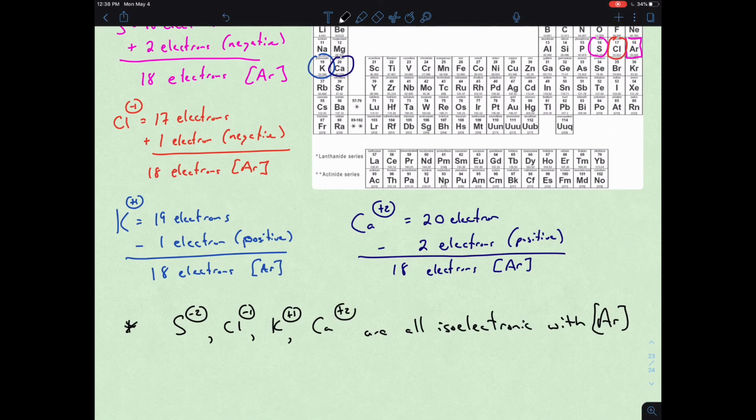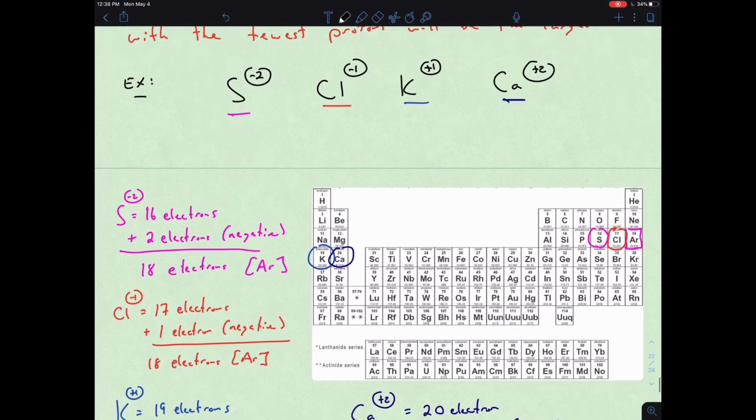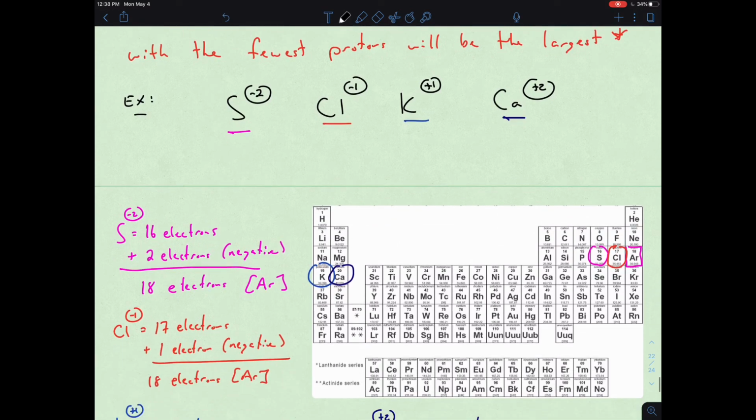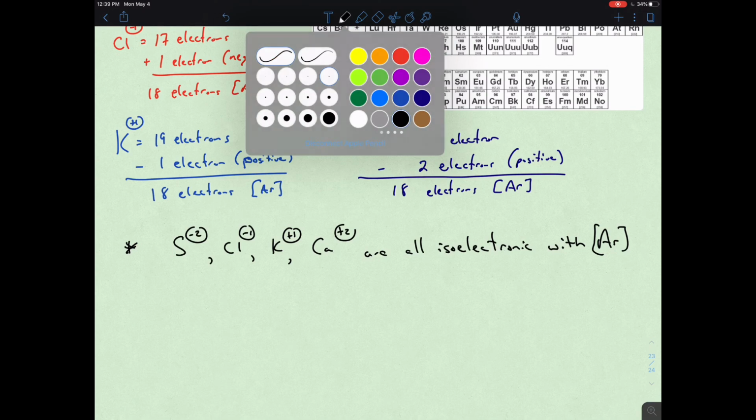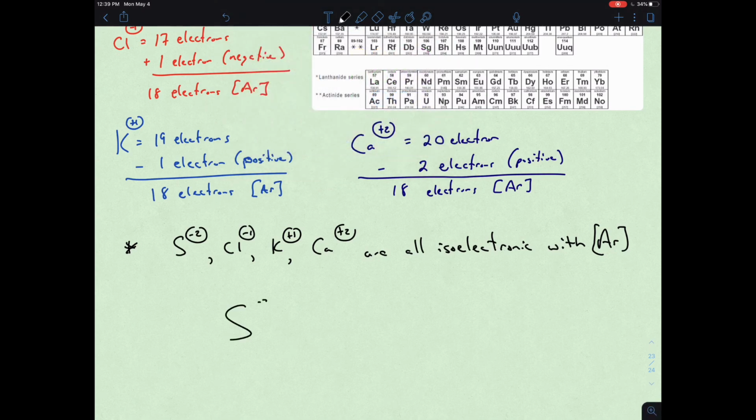So when we pick out size, we want to pick out what is going to have the largest number of protons. So in terms of this trend, let's just look at the trend that we see here.